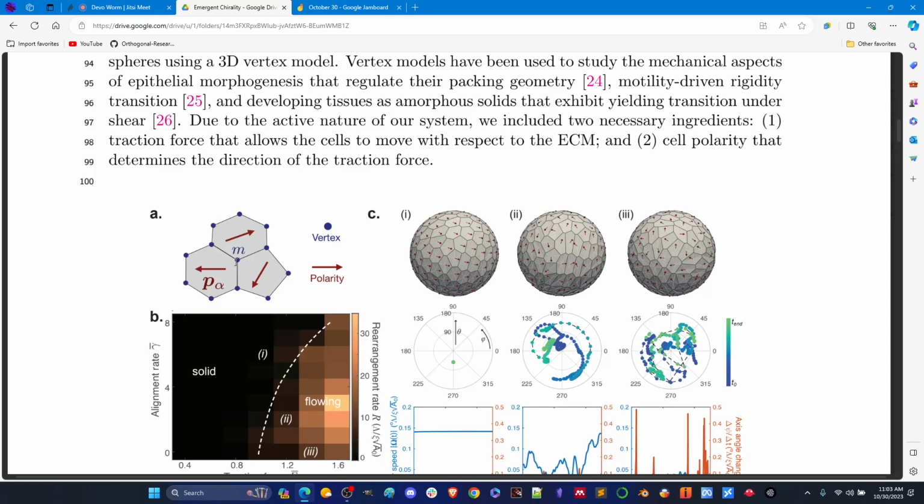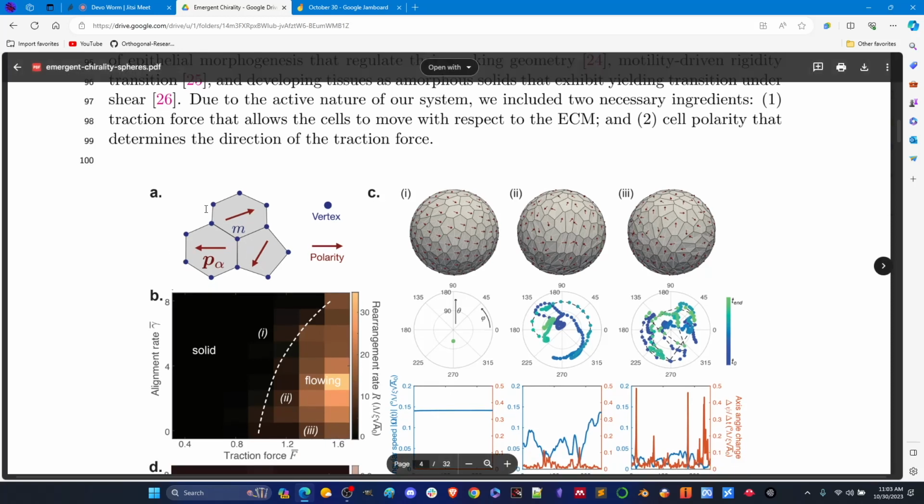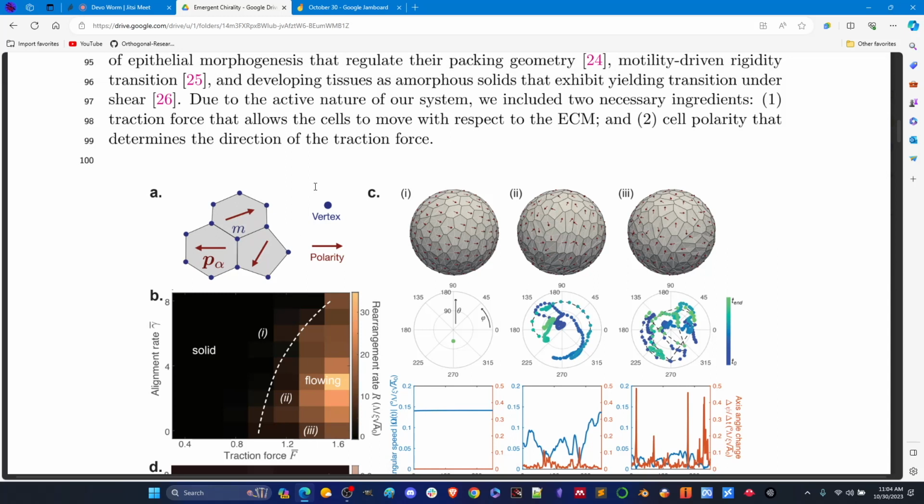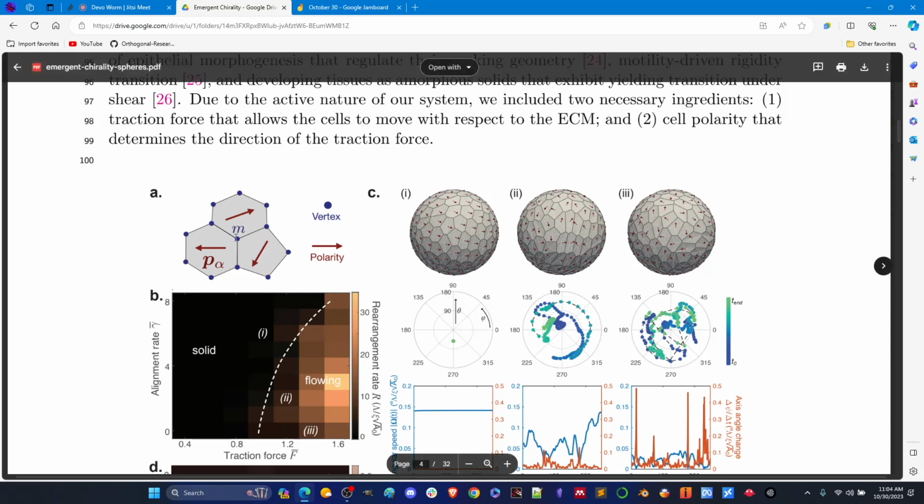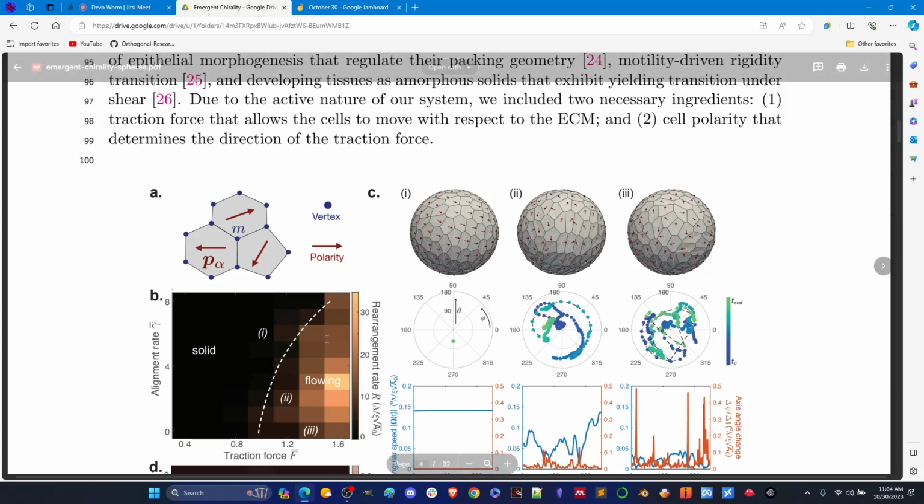We have these trijunctions here, and we have the polarity, which are different in these different cells. So we have these vertices for each of these three cells. We have polarity driven by pressure here that are in different directions, which is kind of interesting. The traction force is moving in different directions here. So this is the shear force that's operating.